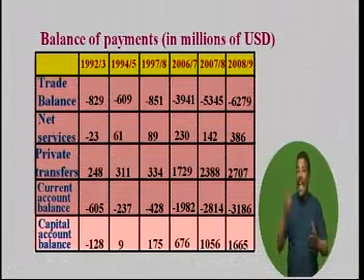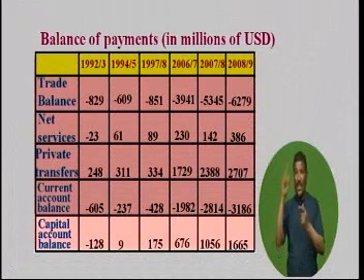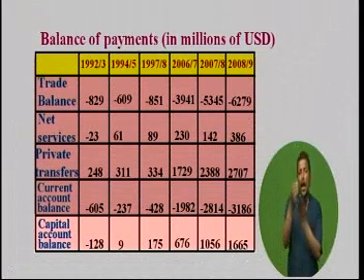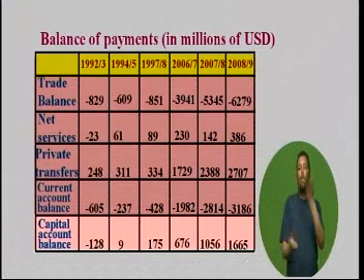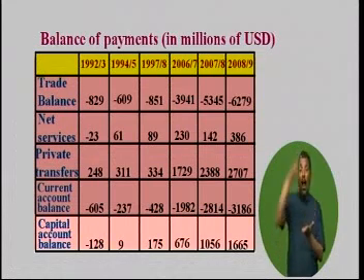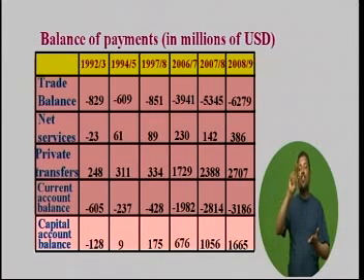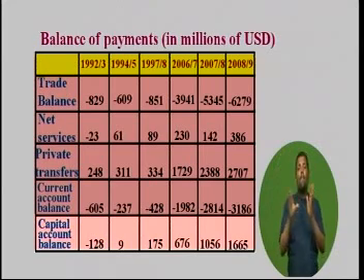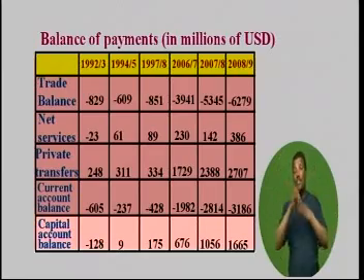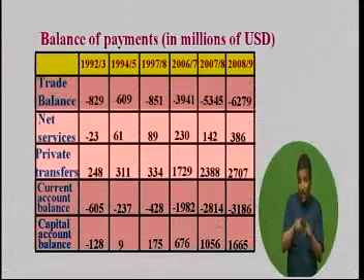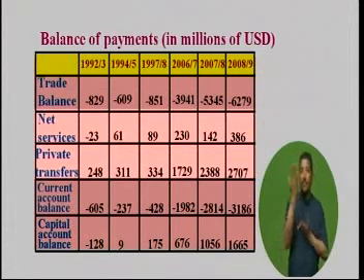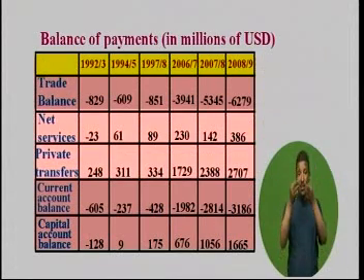Except for 1992-93, the capital account exhibits a positive balance. This high surplus of capital account balance reflects the higher official long-term capital inflows and a modest increase in estimated inflow of foreign direct investment. Similarly, net services and private transfers depict a positive balance.